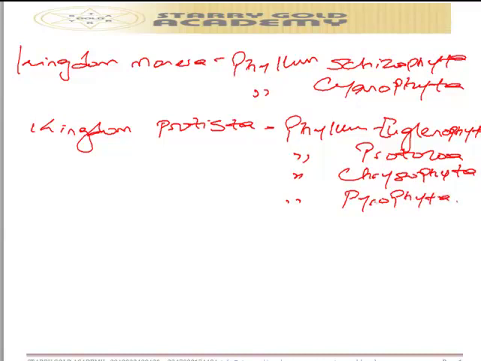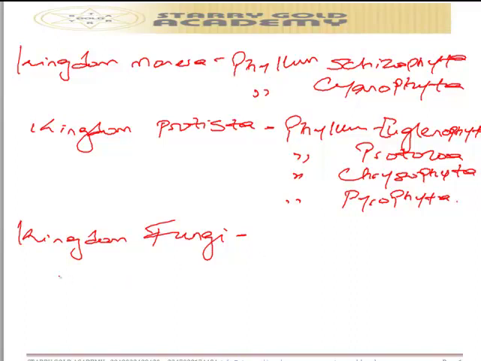Those are the four phyla we have under the kingdom Protista. And the last one, the kingdom Fungi, we don't have a division. The kingdom Fungi has no phylum, so it's just there on its own.